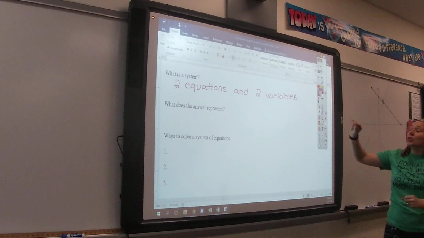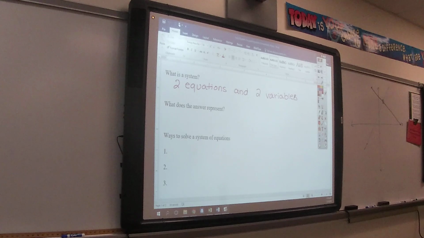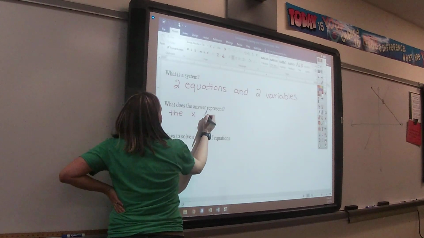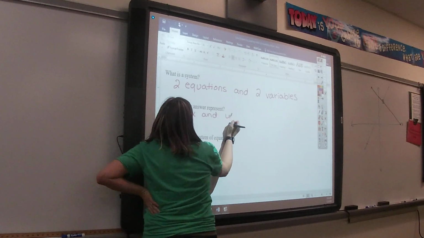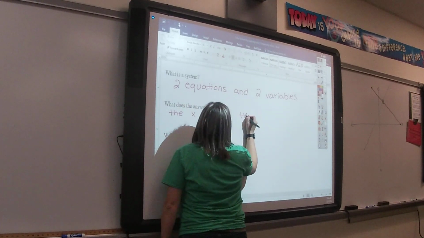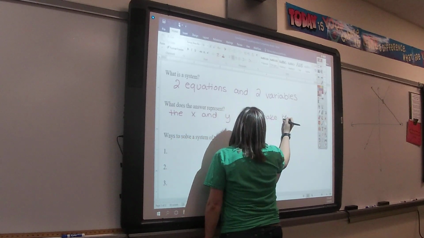So when I have 2 equations and 2 variables, my solution is going to be the x and y value, or whatever my variables are, right? If they're a and b or whatever. The x and y that make both true at the same time.